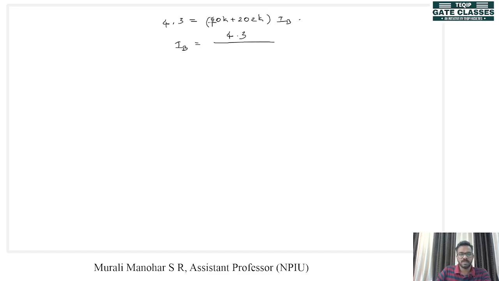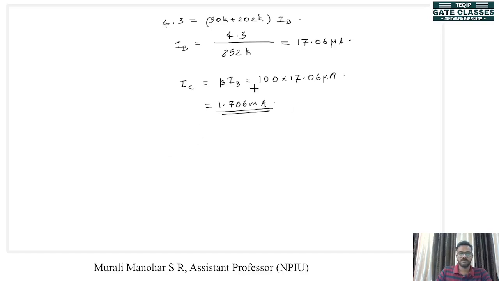Now IB is given by 4.3 divided by 50 plus 202, which is 252K, and that will be 17.06 microampere. Now we can find out IC. IC is equal to beta IB, beta is 100, so 100 into 17.06 microampere, that is 1.706 milliampere.